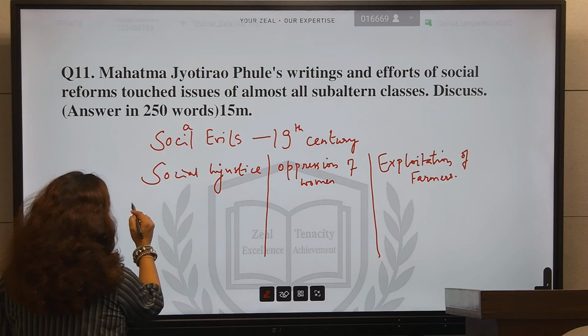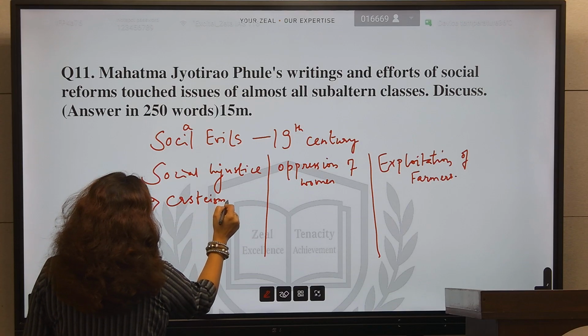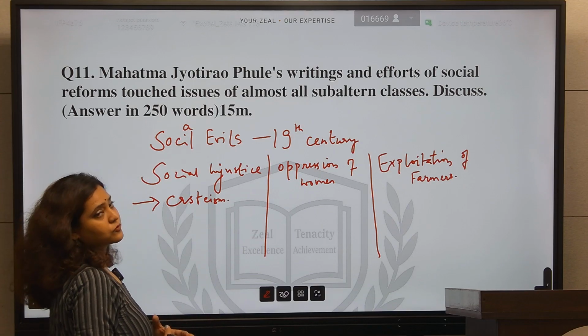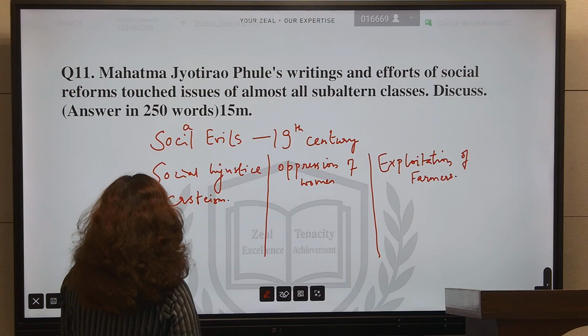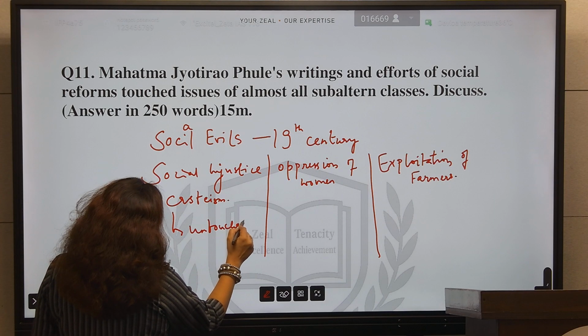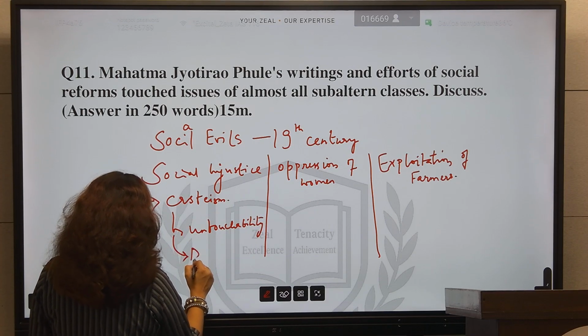Under social justice, casteism was a major proponent of social justice. It was the major root cause of social injustice at that time. It led to untouchability and discrimination.